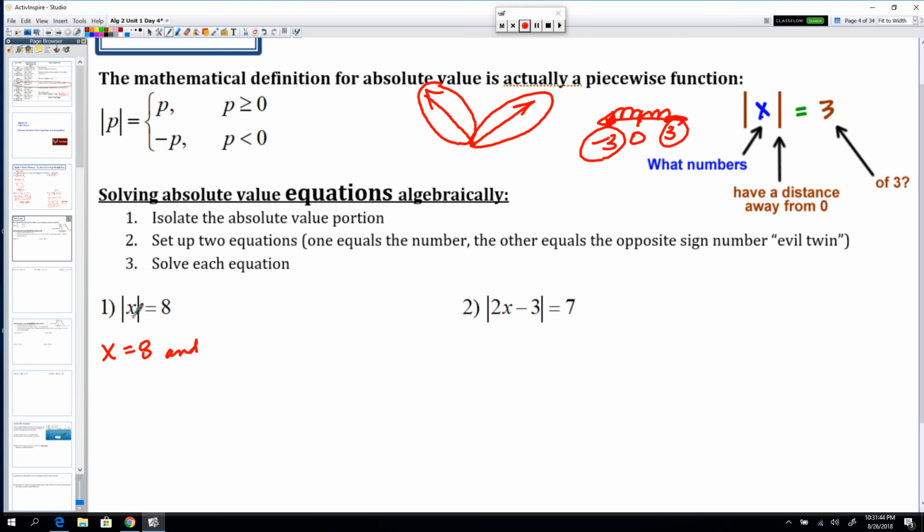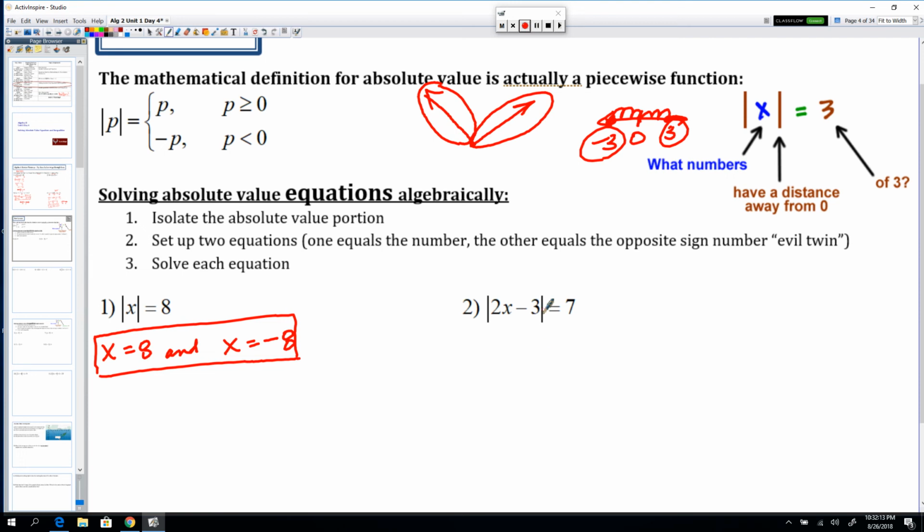And we take the stuff inside the bars and make it equal to the opposite sign number, or the evil twin, negative 8. I call negative 8 the evil twin of 8. And these are the two answers. We don't really have any solving to do. X is already by itself, and we've already gotten the job done. But again, if we go back up to our little colored notes up here, what numbers have a distance from 0 of 8? Well, 8 and negative 8 do.